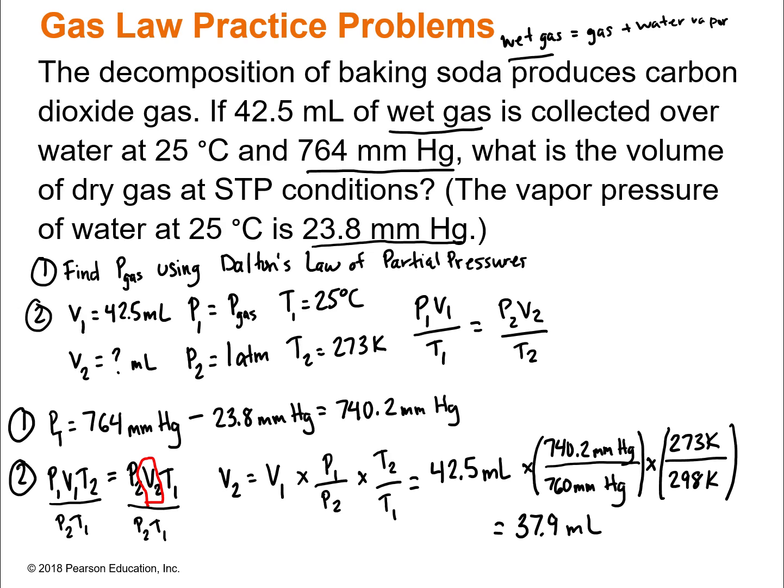So I did that for you. You use the partial pressures to figure out what your pressure of carbon dioxide is. So does this first step make sense? The total pressure is 764. We subtract off the water vapor. We get the pressure from the carbon dioxide gas. Does that part make sense?